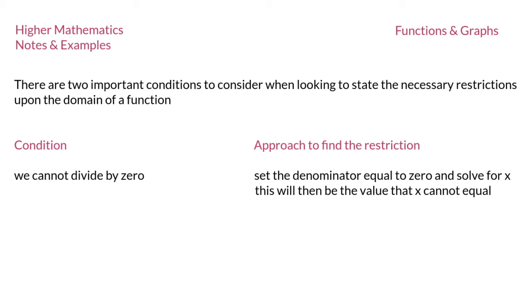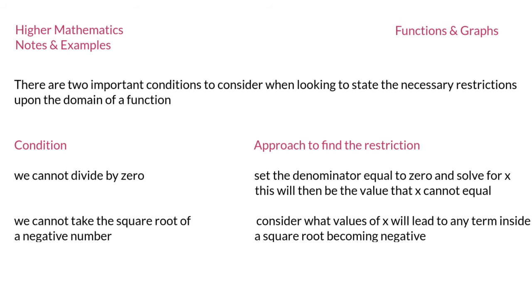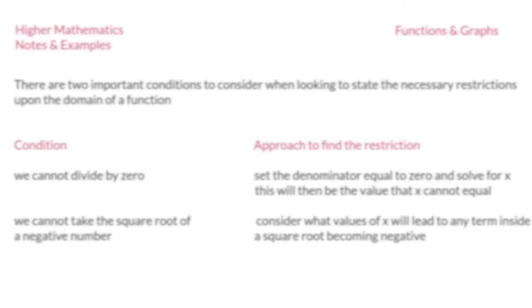And the other condition was that we cannot take the square root of a negative number. If we're presented with a problem like this, we need to consider what values of x will lead to any term inside a square root becoming negative, and those are the values that we cannot allow x to take. This will be best illustrated with an example and some practice.